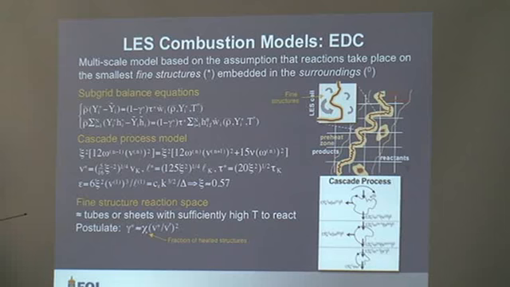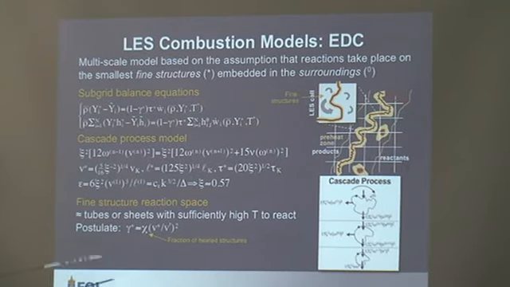But we're still left with this gamma star. We haven't said anything about that. And in the papers of Magnusson, he introduces this fine structure reacting fraction. And he ties that to the physical interpretation that you have tubes or sheets or ribbons, etc., building up the fluid. And for them to react, the temperature needs to be sufficiently high.